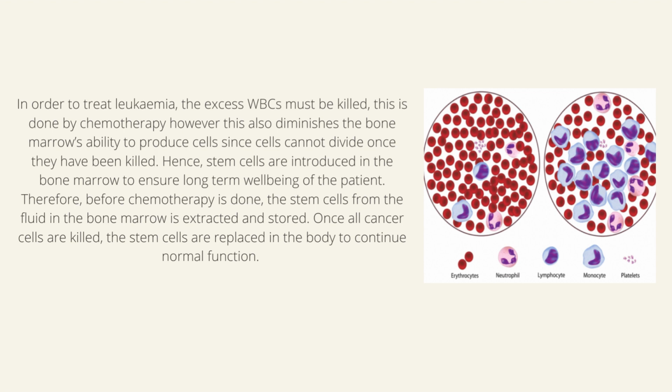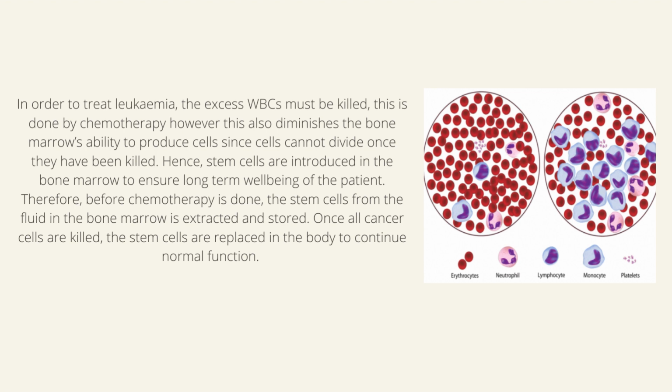These excess WBCs accumulate in the bone marrow and the bloodstream, such that they outnumber healthy blood cells, therefore obstructing the functions of the cells. So, in order to treat leukemia, the excess WBCs must be killed, and this is done using chemotherapy or radiation.